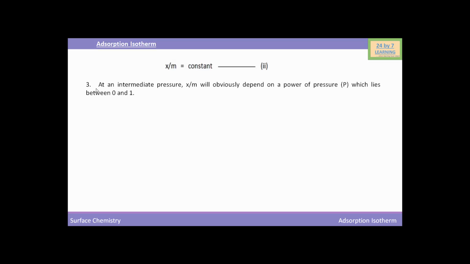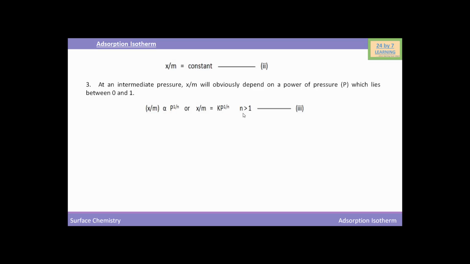Third observation is, at an intermediate pressure, x by m depends on the power of the pressure, which lies between 0 and 1. That means the power of pressure is fractional. So this can be expressed as x by m is directly proportional to p power 1 by n, or we can also say x by m is equal to k p power 1 by n.